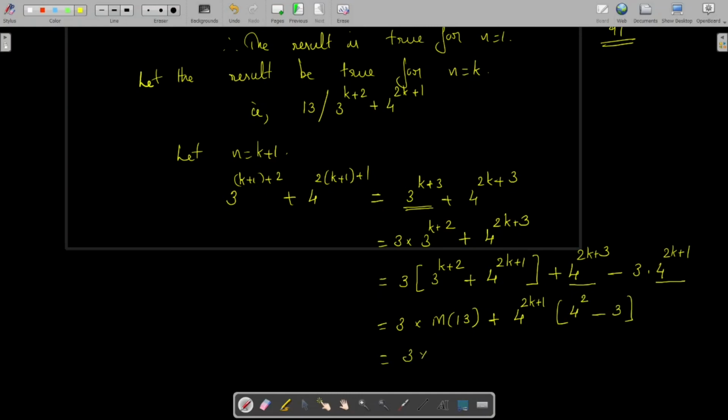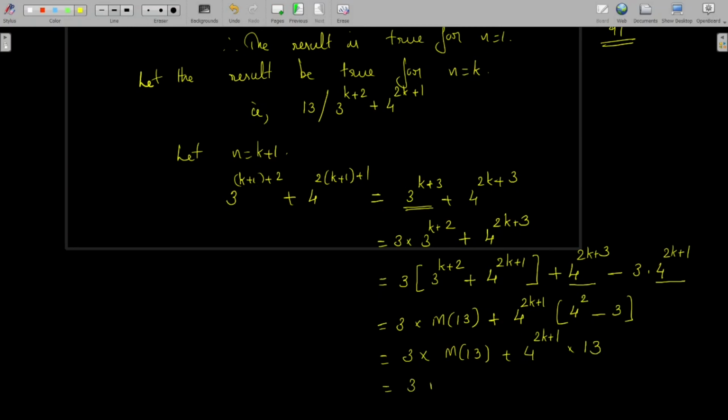So this is 3 into a multiple of 13 plus 4 raised to 2k plus 1 into 4 square is 16, and 16 minus 3 is again 13. So again we have 3 into a multiple of 13, again a multiple of 13. So the whole expression is a multiple of 13. So we can conclude that the LHS is a multiple of 13, or in other words 13 divides the LHS. So the result is true for n equal to k plus 1. So by induction procedure it is true for all n greater than or equal to 1.